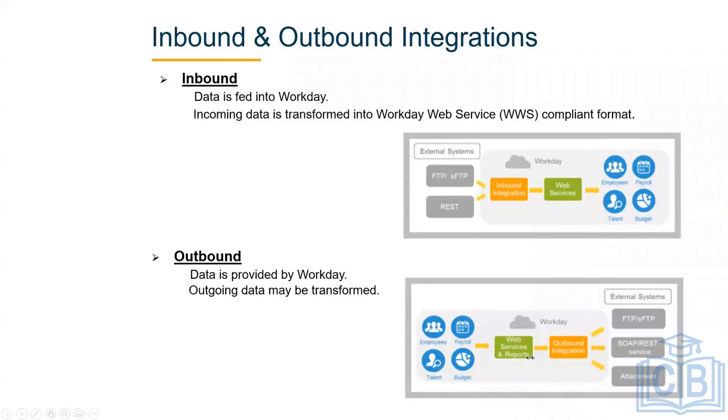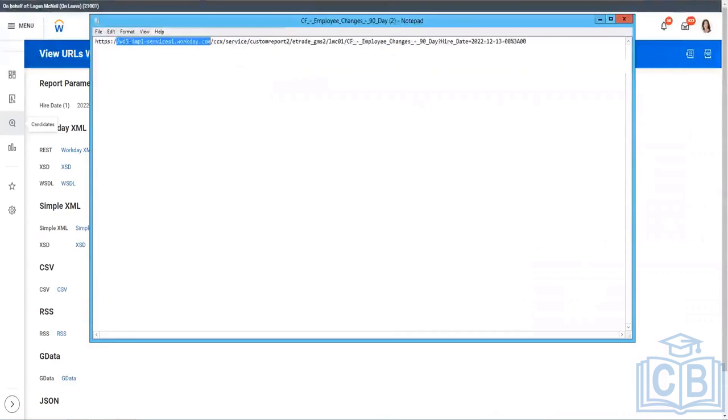Send the data via web services outbound integration and it can be sent to an external system, FTP, SOAP, or REST services. And this is the one that we saw, considered as REST services importing the data from a custom report within your tenant. Something like this.